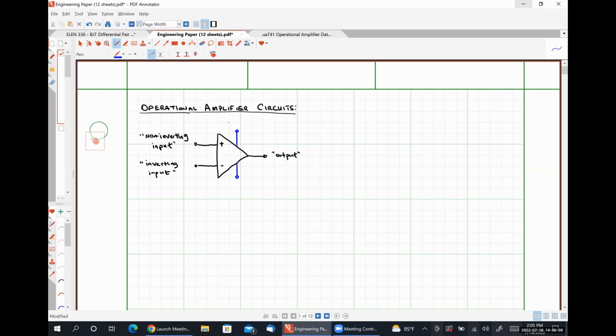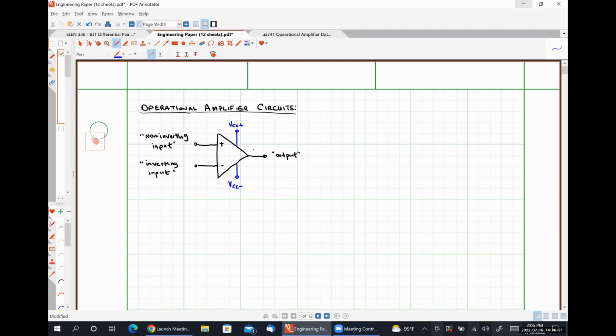And so two other terminals that we would have to pay attention to are the VCC plus and VCC minus terminals, which are used to apply the positive and negative power supply voltages. This quantity VCC plus, whatever positive power supply voltage we apply, and the quantity VCC minus, which is whatever negative power supply voltage we apply, are what limits the output voltage of the device. So the output voltage of an op-amp will always fall between VCC plus and VCC minus, okay?